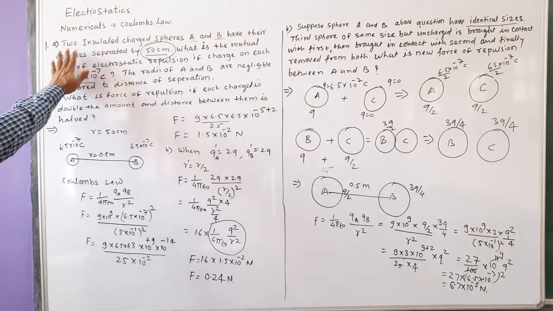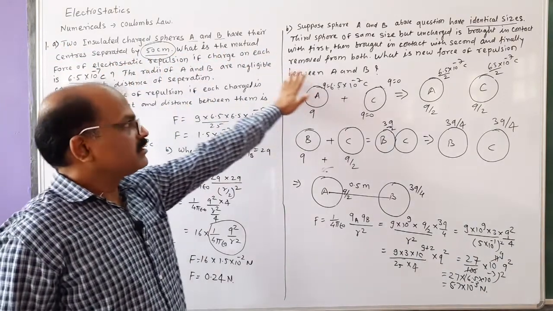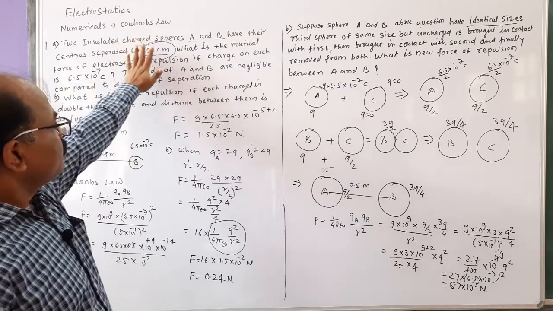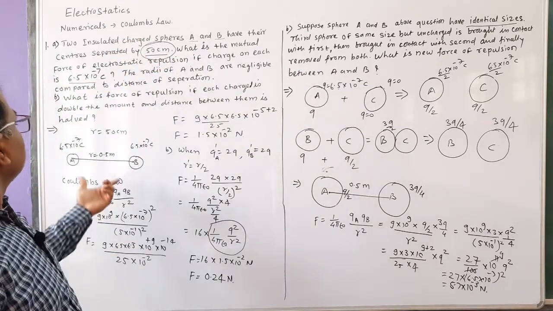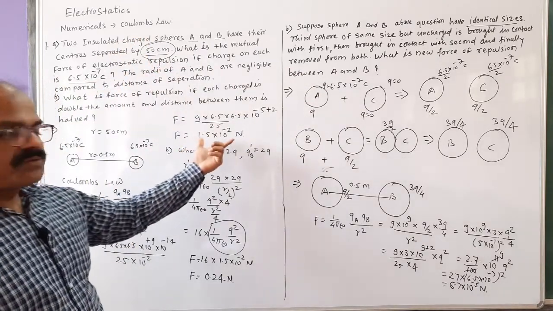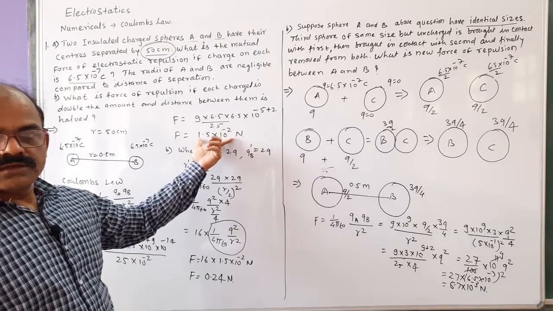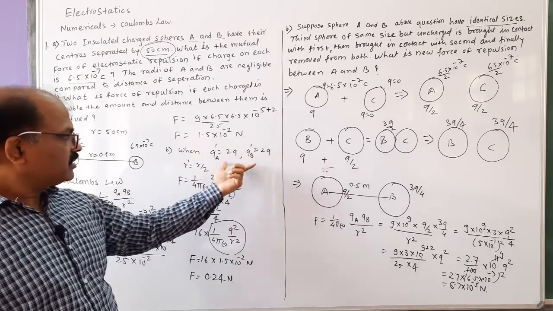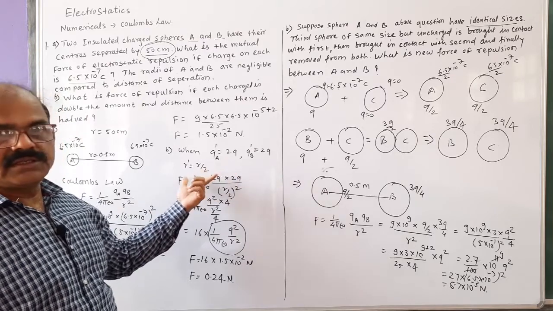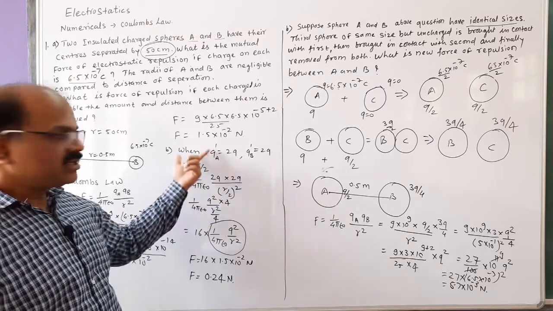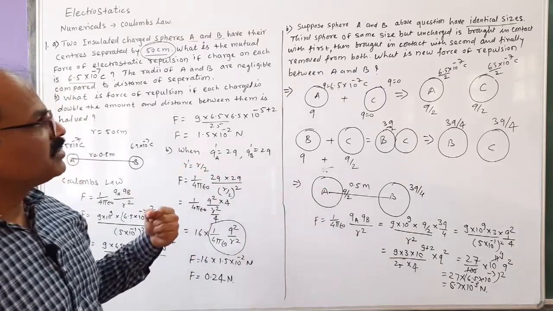So these are the two parts of the question. In the first part, it is asked what is the electrostatic force of repulsion, and in the second part, when the charge is doubled and the separation distance is half, what is the electrostatic force of repulsion?